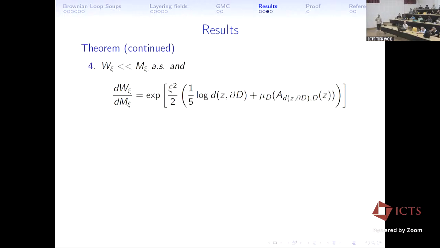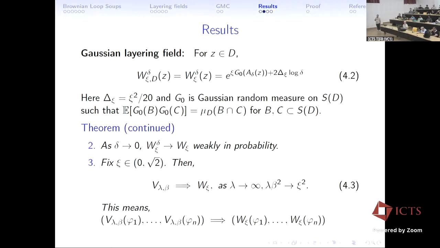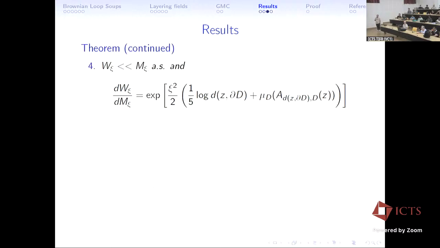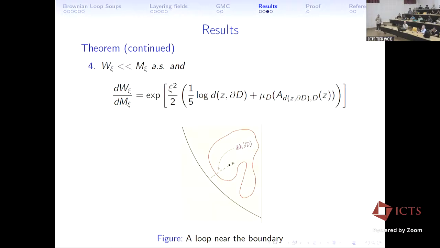The other part of the result is that this W psi that I obtained is absolutely continuous with respect to the GMC, and it has this Radon-Nikodym derivative. If you're wondering what this is, here's a picture again.